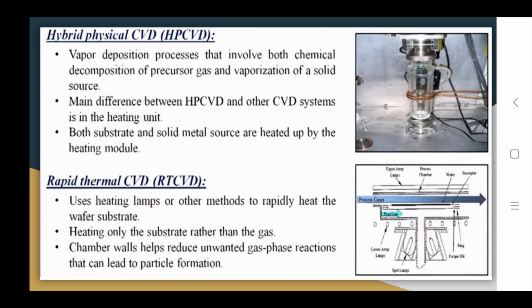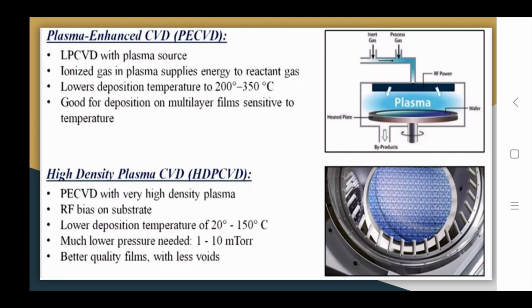So till now we were agitating the reactant material and the gas material. But in this particular case, we are agitating only our substrate so that it makes itself reactive, so that it can react with the gases and then form any kind of layer or maybe the powder or maybe the coating onto it.